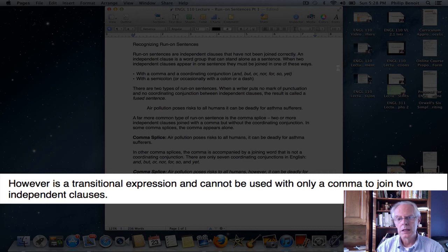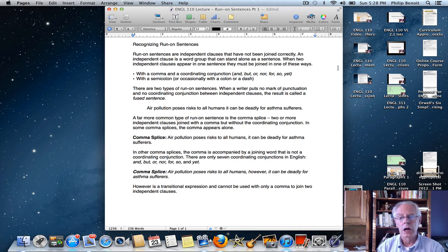It must be a coordinating conjunction, one of the 7, and, but, or, nor, for, so, or yet. So however doesn't cut it. Okay, that will finish this little discussion about how to recognize a run-on sentence. In part 2, we'll talk about how to fix a run-on sentence.